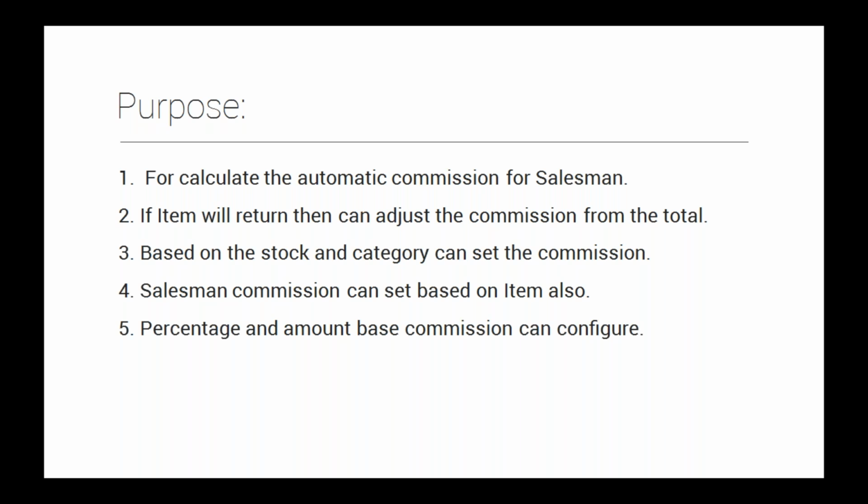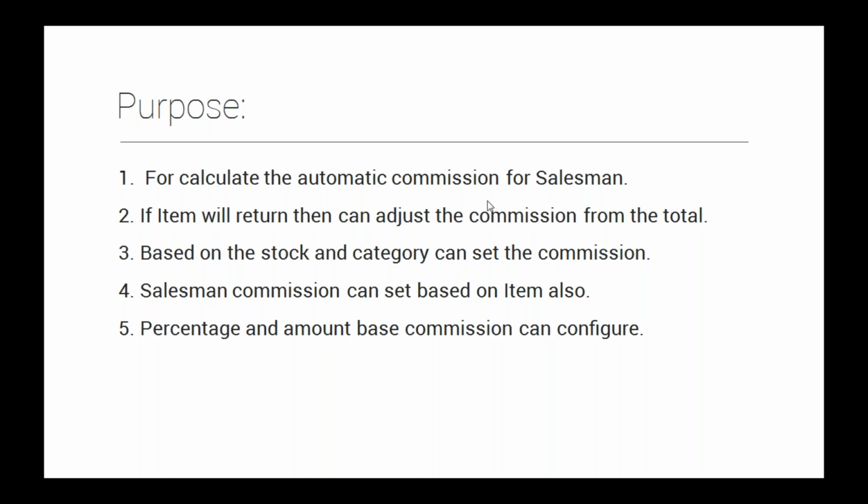And as I told, you can set the salesman commission based on percentage and amount also, like you want to give 10 rupees on each item, 20 rupees on each item, or 2% or 3% or 5% or 0.5%. So you can define the salesman commission slab based on percentage and amount both.